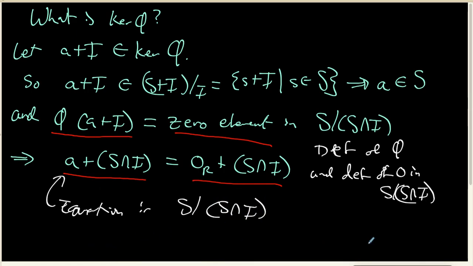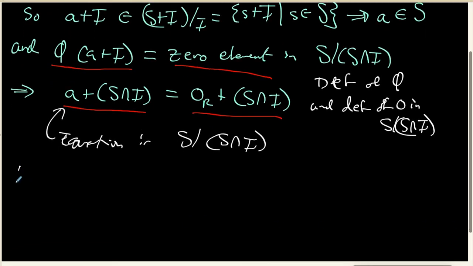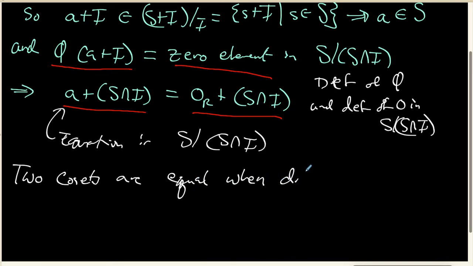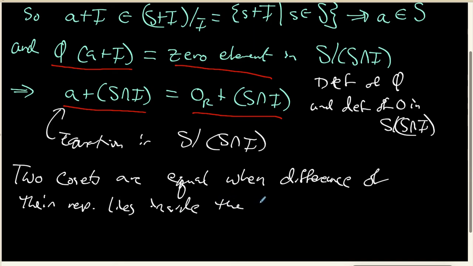And I know when two cosets are equal to each other. Two cosets are equal when the difference of their representatives lies inside the ideal.